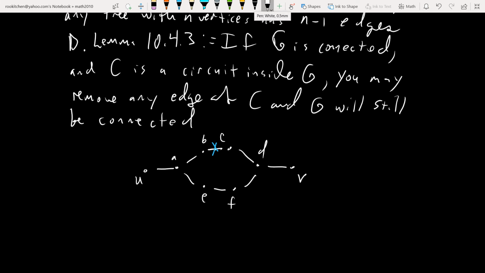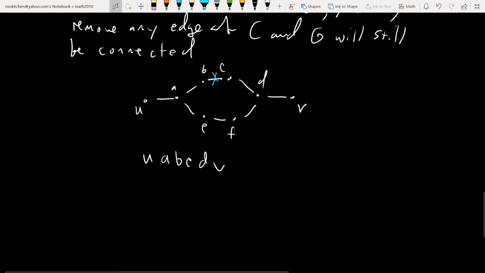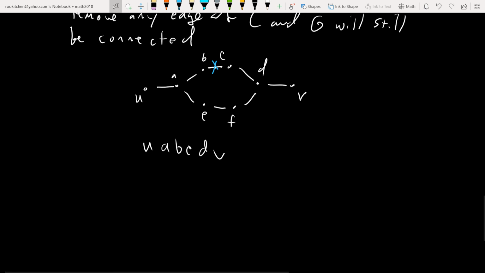In this case, if the original walk was U, A, B, C, D, V, now instead we could loop around the other direction. So we could go U, A, B, uh-oh, that's not there. So we can go backwards, and you could repeat vertices and edges whenever you're doing a walk, so pretty much anything goes.